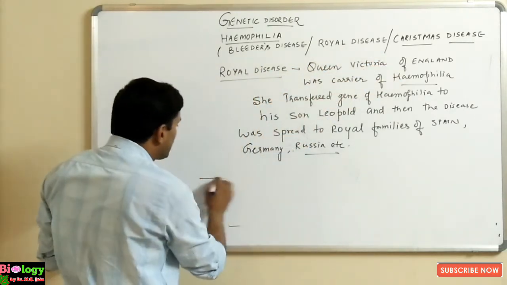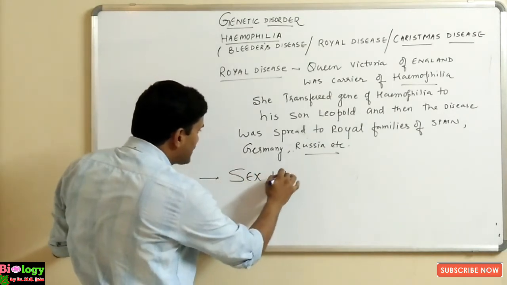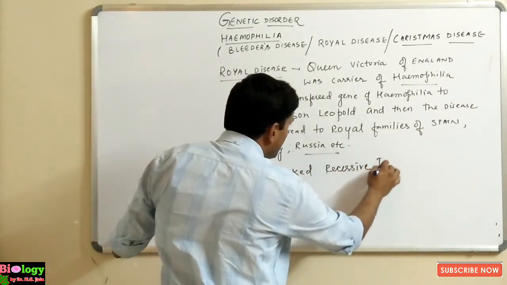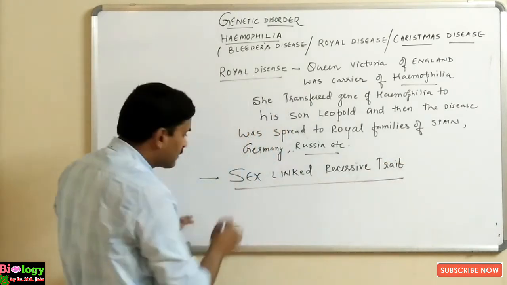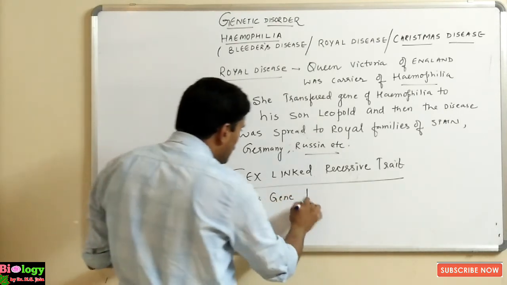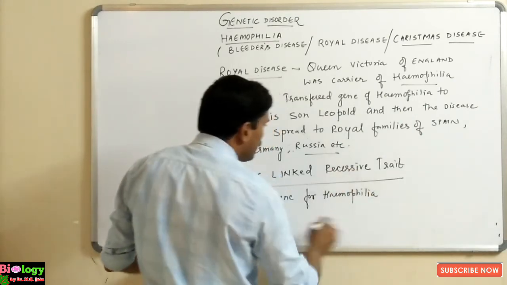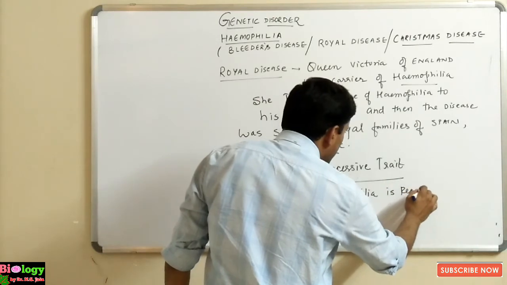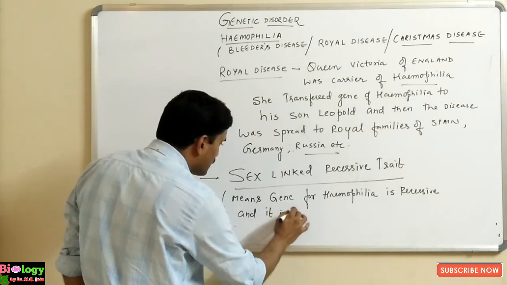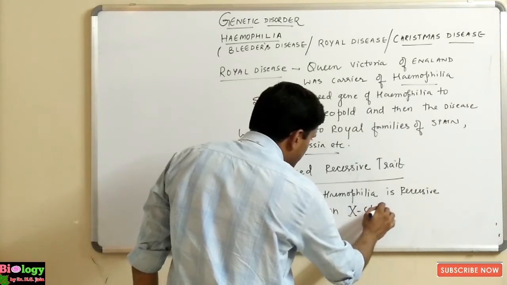Now, hemophilia is a genetic disorder. Hemophilia is a sex-linked recessive trait. What does it mean? It means the gene for hemophilia is recessive, and it is found on the X chromosome only.